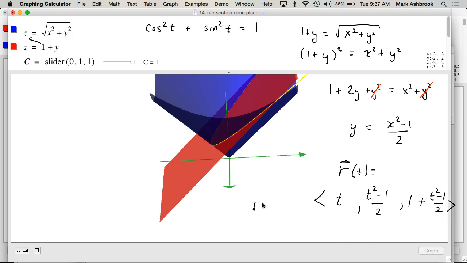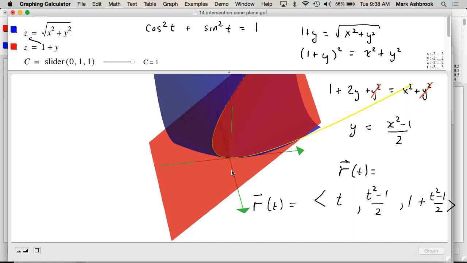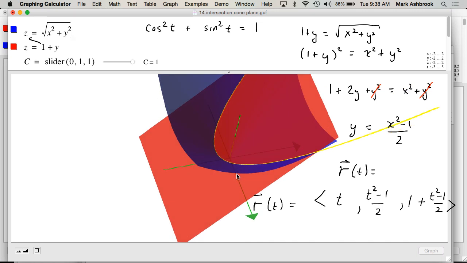Done. Do you see what happened? So that vector equation is the space curve for my yellow angled curve, and it is indeed a parabola.